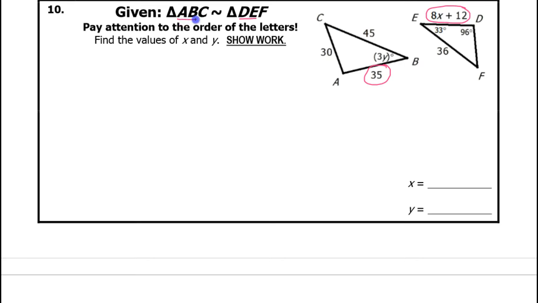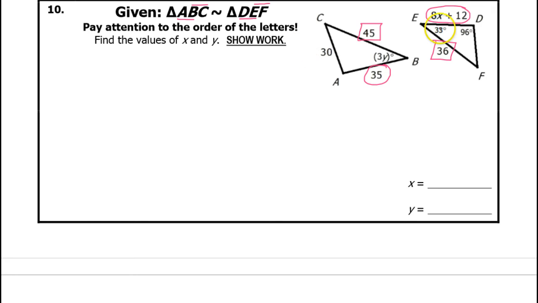On the other hand, side BC corresponds with side EF. So here's BC, I'll put a square on that. And here's EF, I'll put a square on that. And really that's all we are going to need to answer these questions.